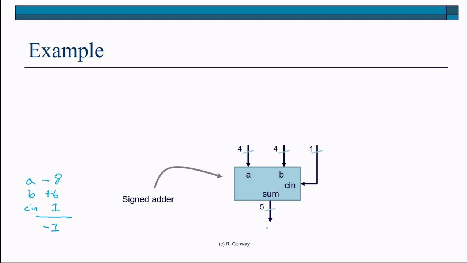And that's what we'd expect to get. In binary, the 4-bit value for A is 1, 0, 0, 0. It's a 4-bit signed value. For B, it's 0, 1, 1, 0. And for the carry-in, we have the value 1. And our 5-bit output representing -1 is the following 5 bits.